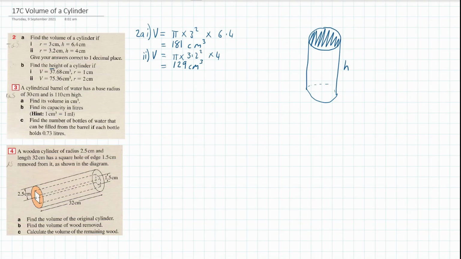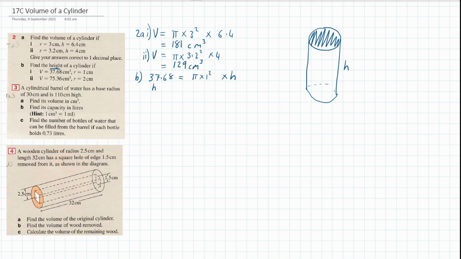Now this time in B we're finding the height of a cylinder, so we already know the volume. We can go 37.68 equals pi r squared, so pi times 1 squared times the height, which is the one we don't know.